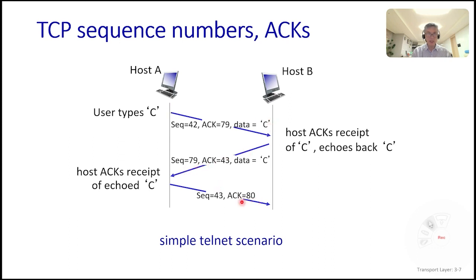The acknowledgement will be used by host A as a sequence number, and you can see the next sequence number is 80. That's why the acknowledgement is 80.